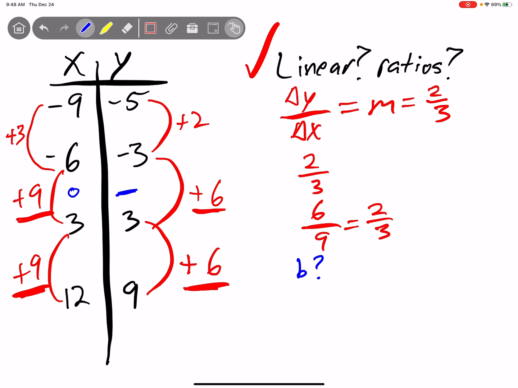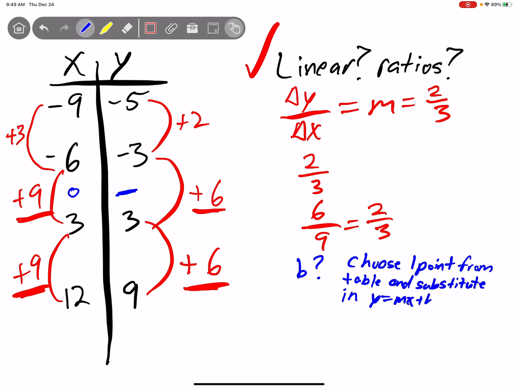The other way to do this is to choose a point, 1 point from the table and substitute into y equals mx plus b for y and x, okay?